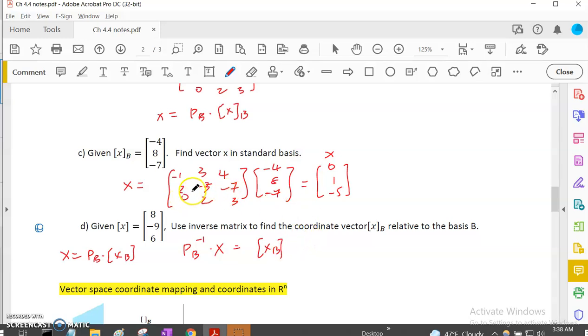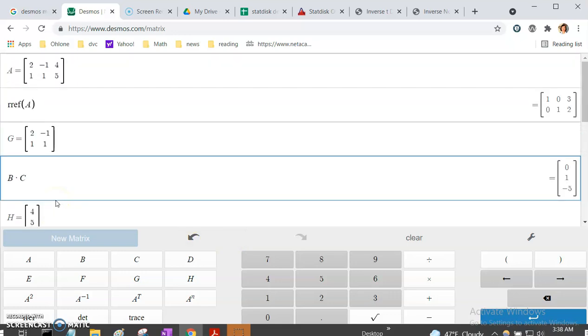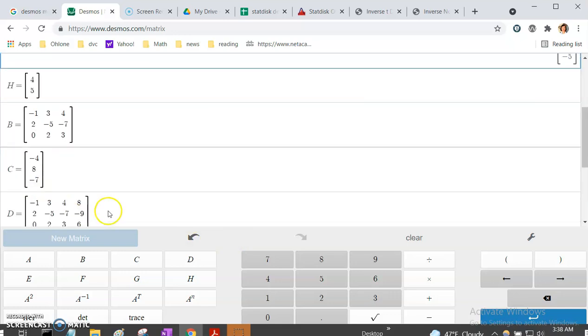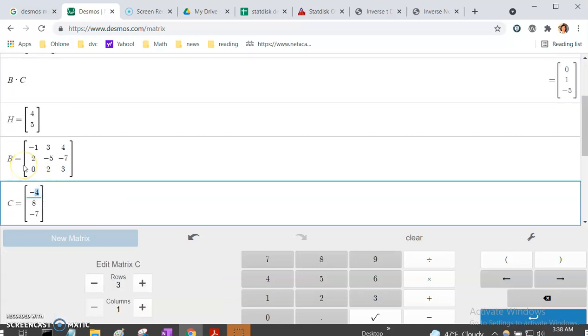So I enter this, and I need to enter x, which is 8, -9, 6.